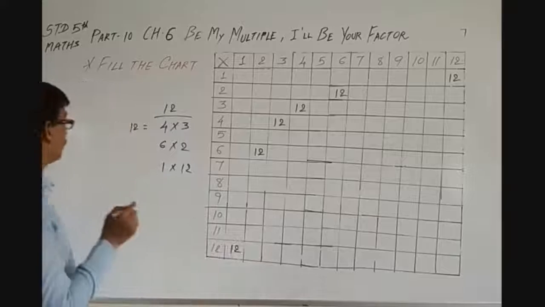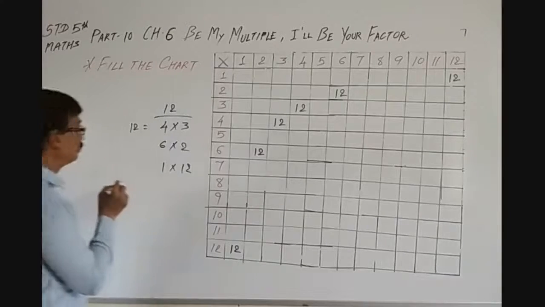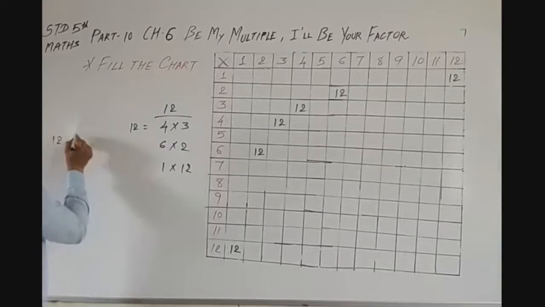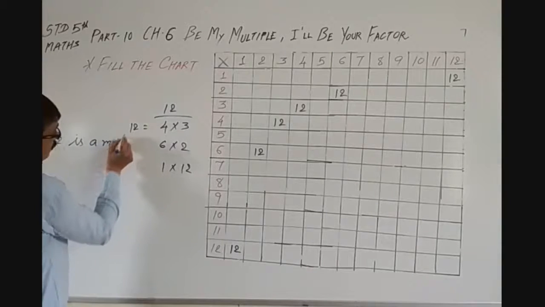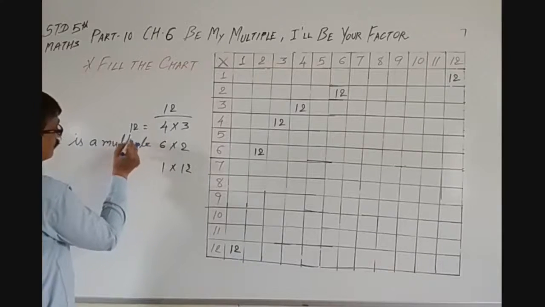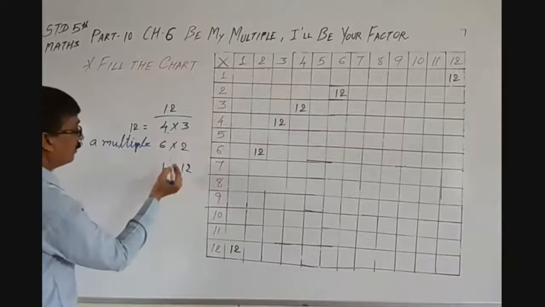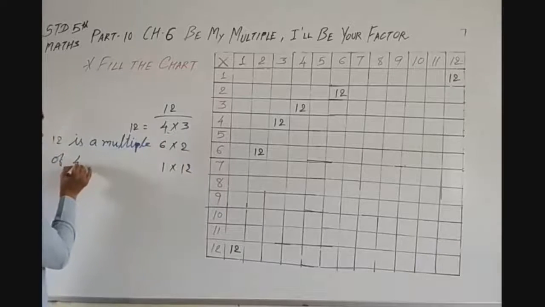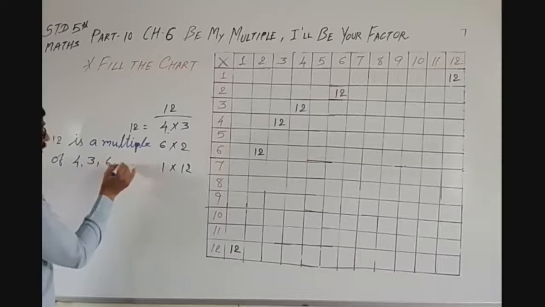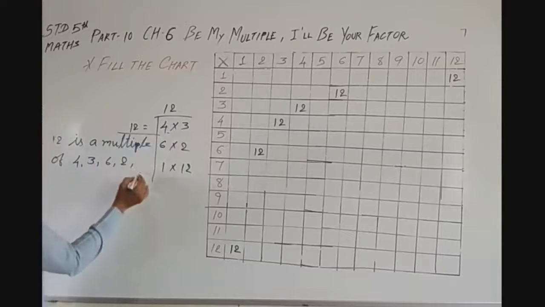So, see, 12 actually is a multiple of 4, 3, 2, 6, 1 and 12, isn't it?